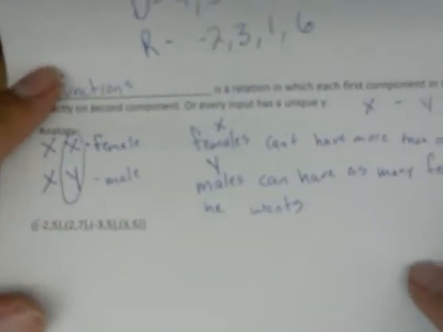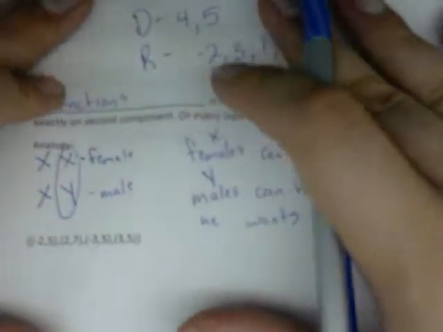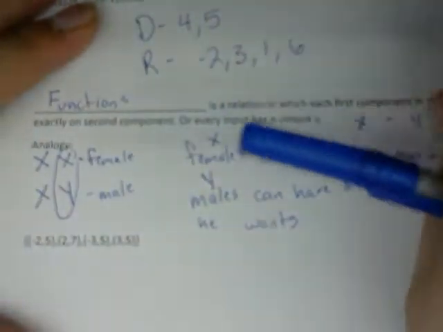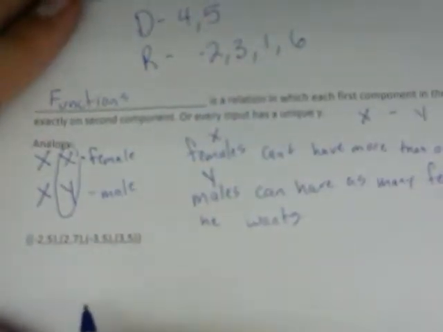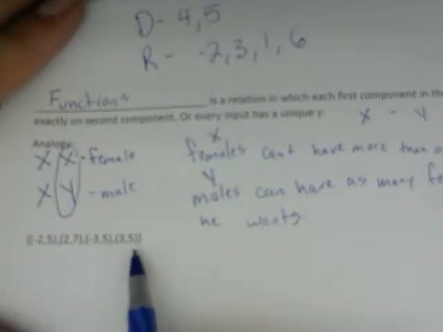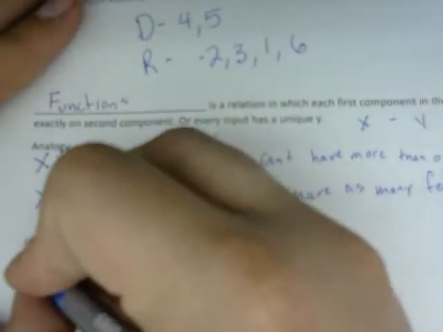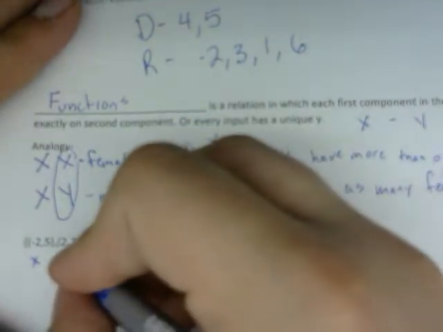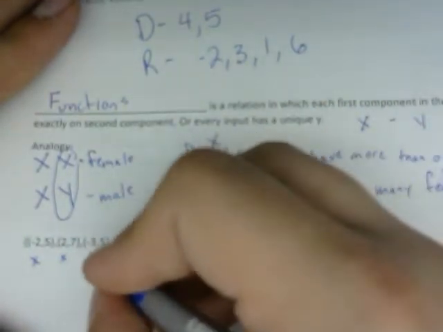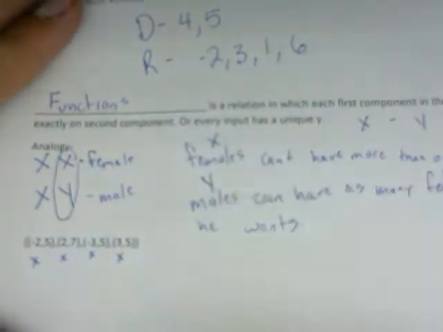So, we're looking at this problem right here. You have (-2, 5), (2, 7), (-3, 5), and (3, 5). My x's are -2, 2, -3, 3. These are my x values.